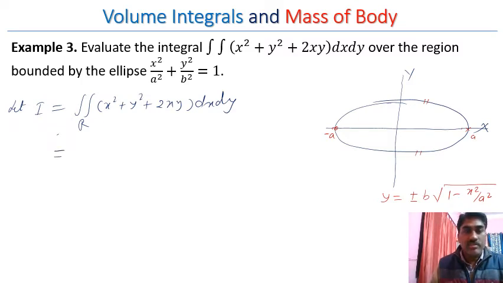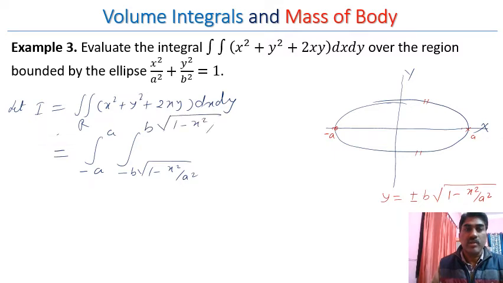So the limits are minus a to a, and minus b square root of 1 minus x square by a square to b square root of 1 minus x square by a square, and this integrand x square plus y square plus 2xy dx dy.